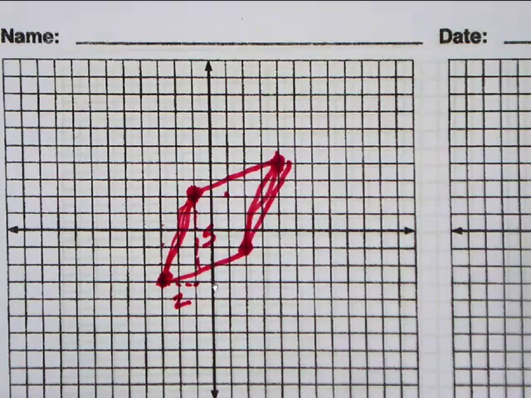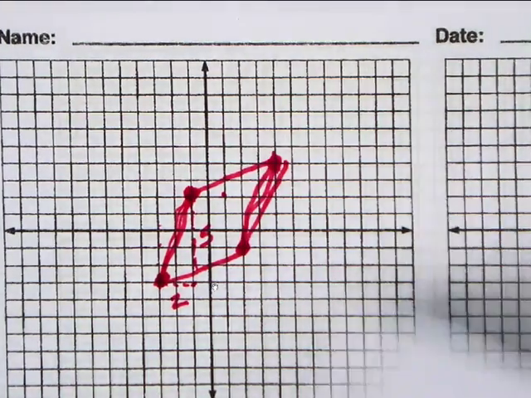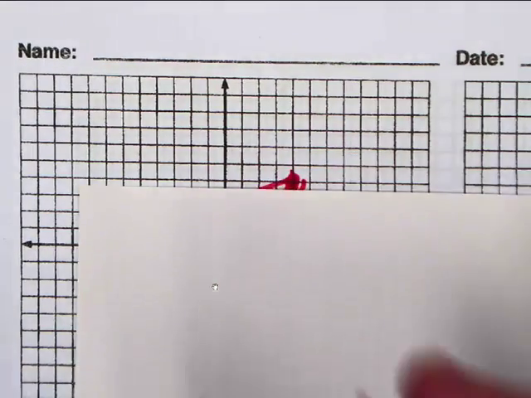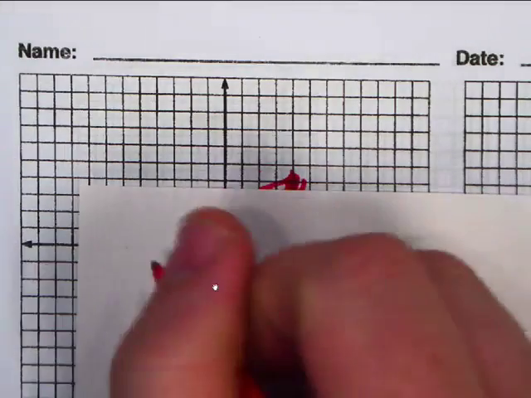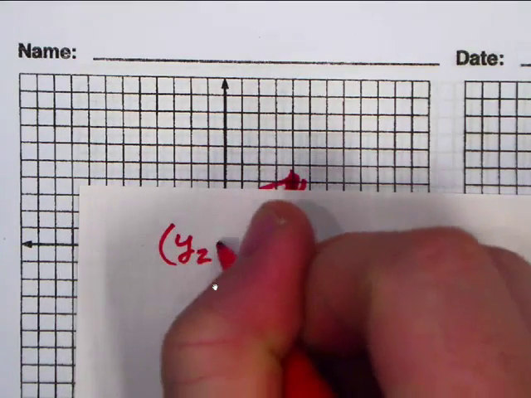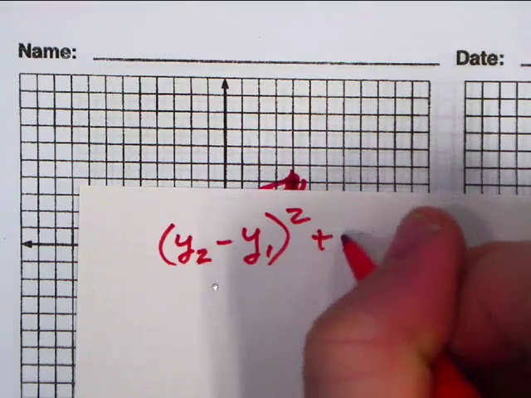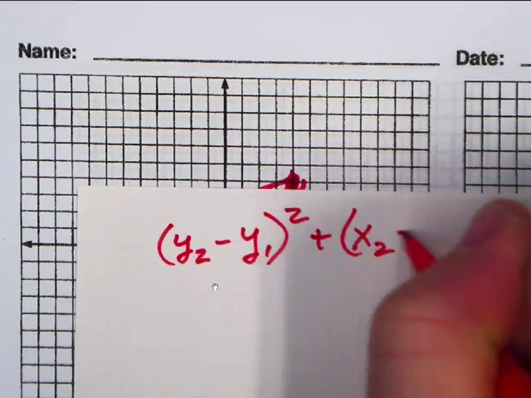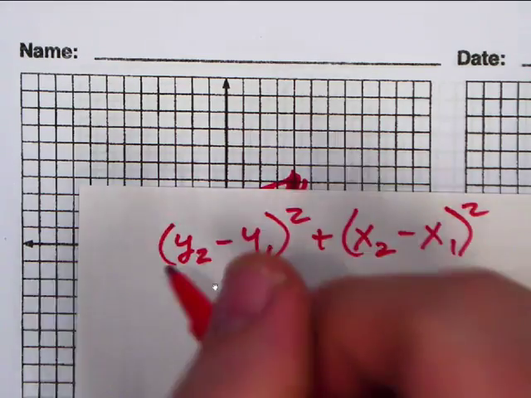The actual formula you're going to look for is y2 minus y1 squared plus x2 minus x1 squared, and then you take the square root of that answer.